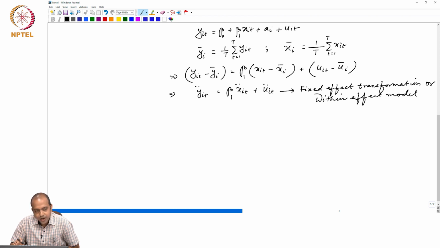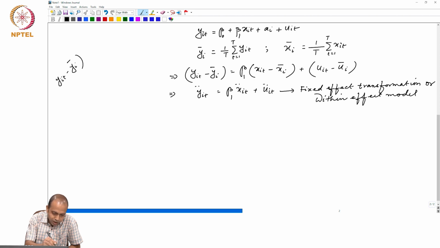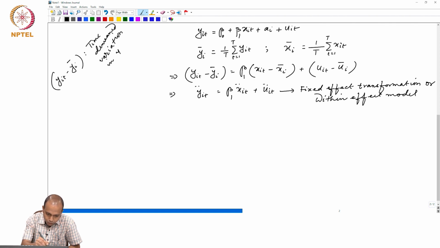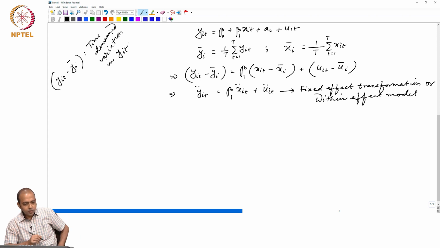That means we are trying to explain the time domain variation in Y with the help of time domain variation in X. So, YIT minus YI bar is actually the time domain variation in YIT.